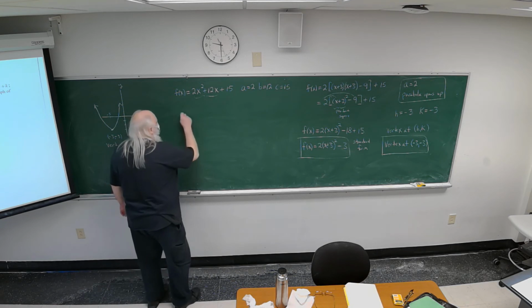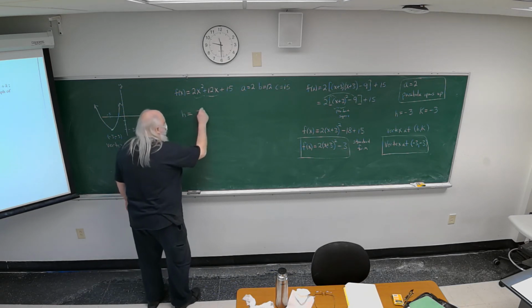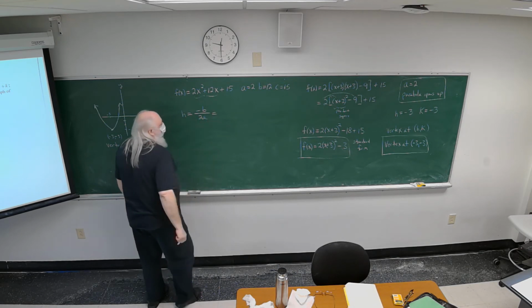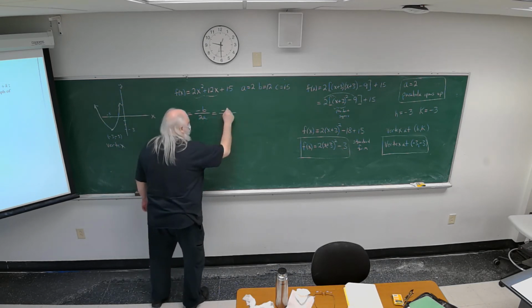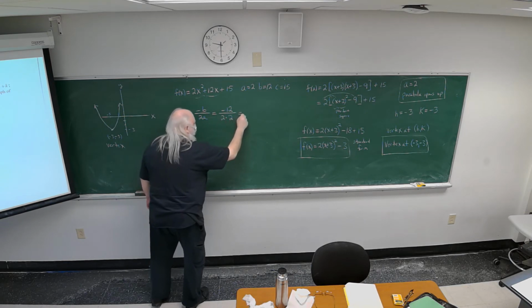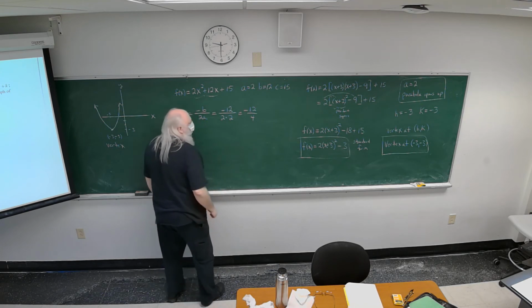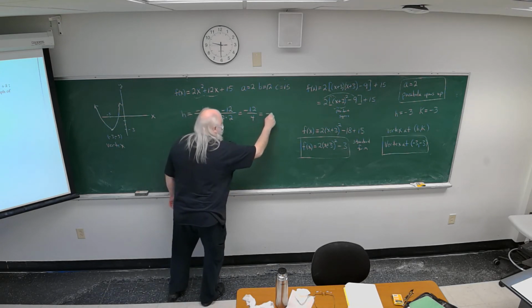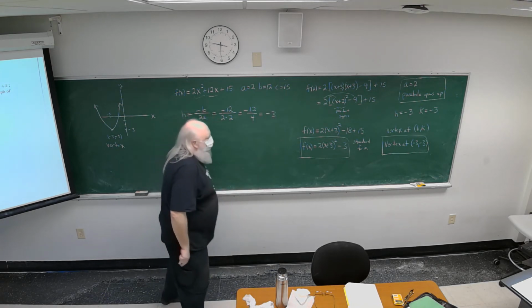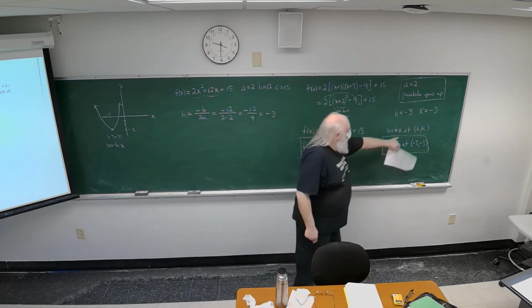So again, h is equal to -b over 2a. Negative b in this case is -12, and 2 times a is 2 times 2, which is 4, and -12 over 4 is equal to -3. This is what we got right here.